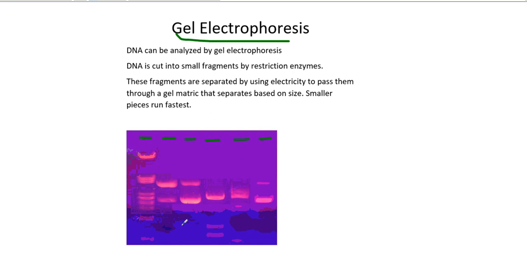This causes the DNA to start moving, and it separates based on size. So the big ones start here, and the smaller ones go down here, and you get these really interesting patterns of bands, little pieces of DNA that separate out there.